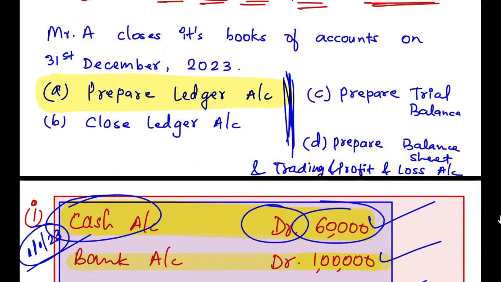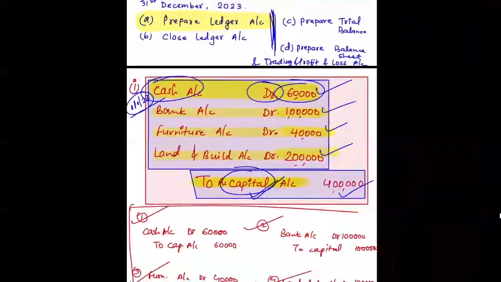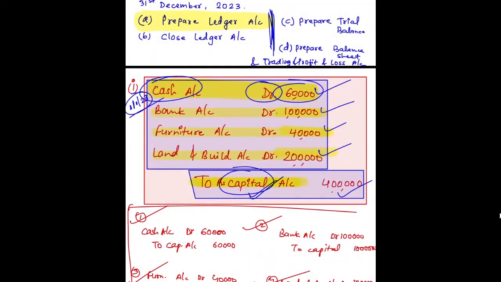But for this, it is very important that you can do the ledger posting, you can do the journal entry, because this is the basis for all other accounting. So if you don't know the journal entries, kindly rewatch the videos so that you can have a good understanding of it.